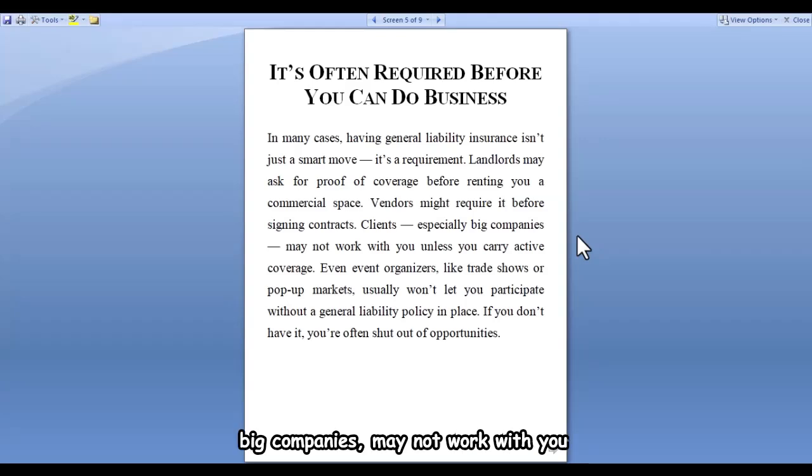Clients, especially big companies, may not work with you unless you carry active coverage. Even event organizers like trade shows or pop-up markets usually won't let you participate without a general liability policy in place. If you don't have it, you are often shut out of opportunities.